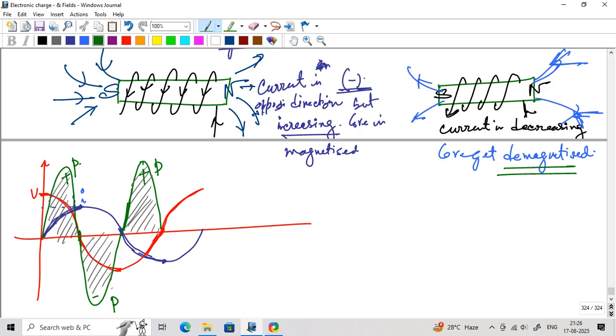So that's why the core is demagnetized. So these are the power, and the power is minus here. The blue line represents the current and the red line represents the potential. Okay, that's the diagram. Clear?